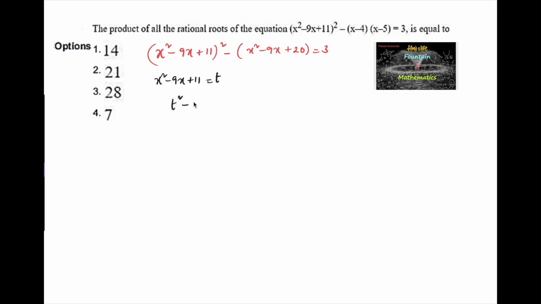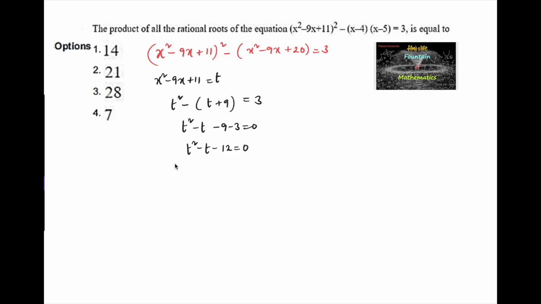So we can write t square minus of (t plus 9) is equal to 3. We can write t square minus t minus 9 minus 3 is equal to 0. That is t square minus t minus 12 is equal to 0.